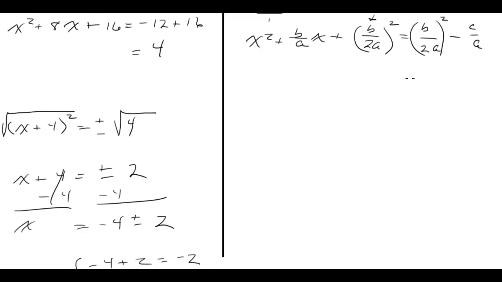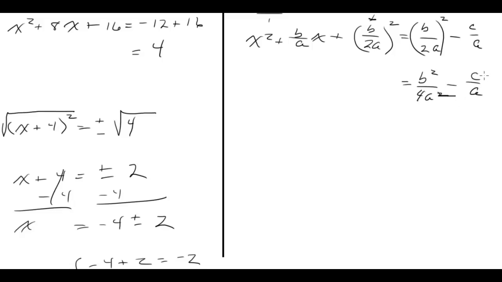All right, let's do a little arithmetic over here. This is going to be b squared over 4a squared, right? Because I have to take the square of everything inside. So that's going to get squared and that's going to get squared. Minus c over a.